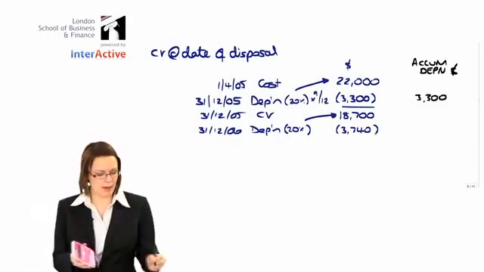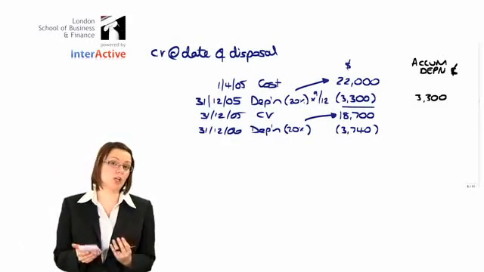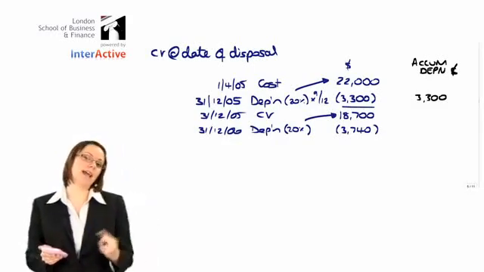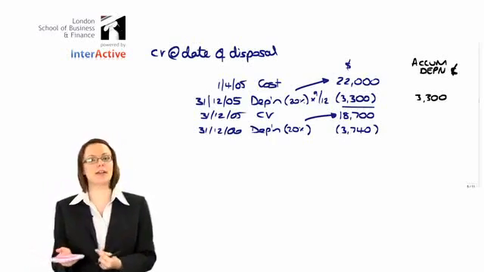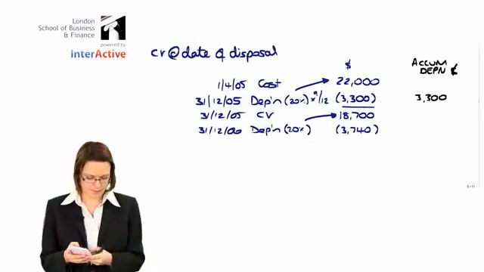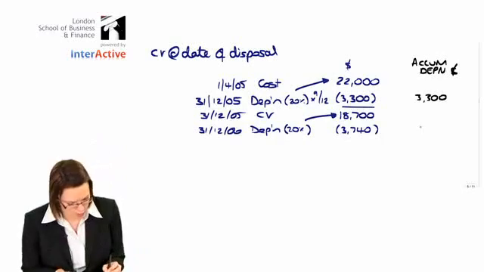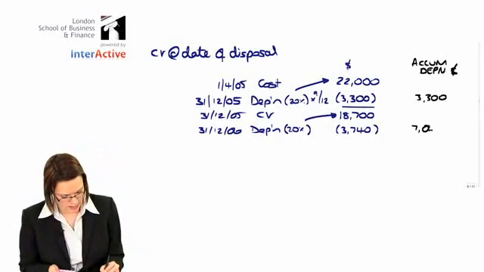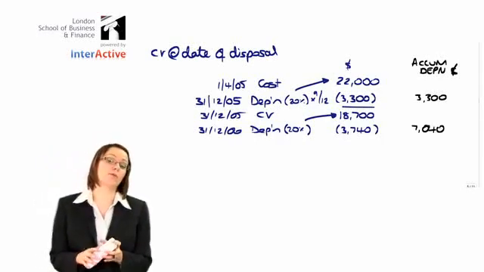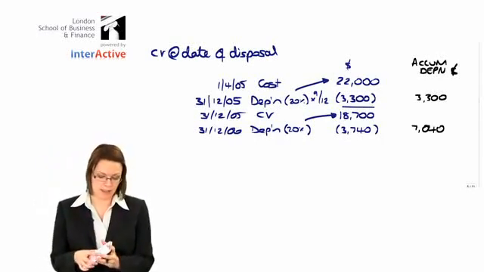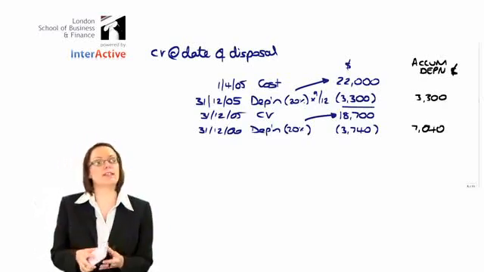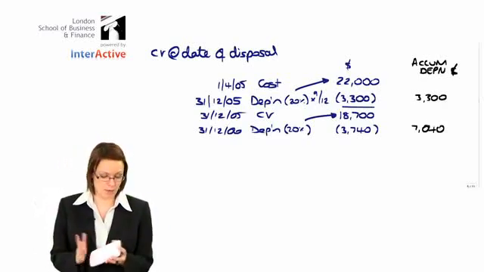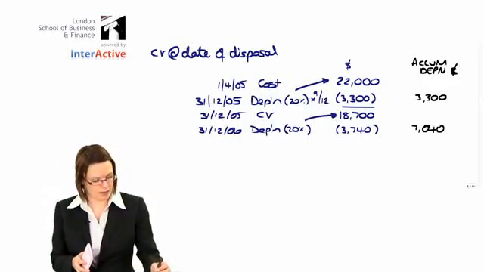Now, thinking about my balance on accumulated depreciation for a moment, we already have 3,300 sat there. We're going to add to that the 3,740, and that's going to give us accumulated depreciation at December 06 of 7,040. So you can see the balance on accumulated depreciation is getting greater the more depreciation we charge.